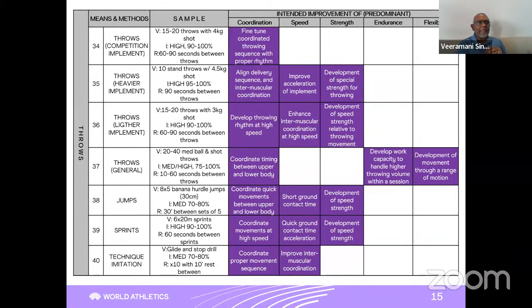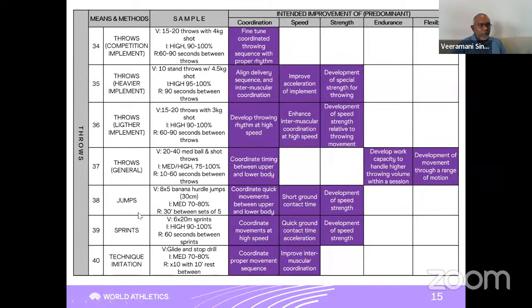So work capacity is slightly different from endurance. So work capacity here means the ability of the athlete to handle volume of a slightly higher intensity as well. So again, the other elements of coordination, strength, and speed has to come into picture to make sure that the work capacity improves.